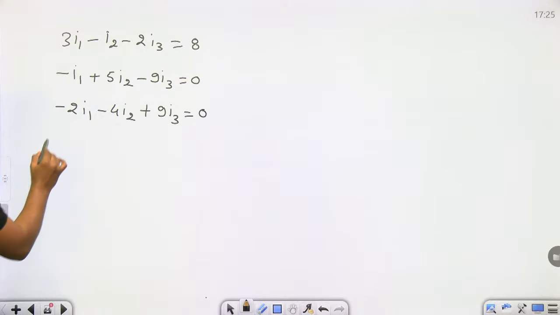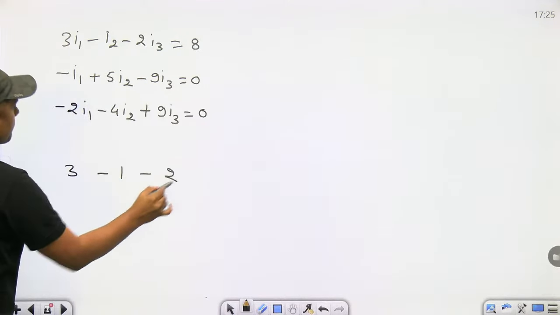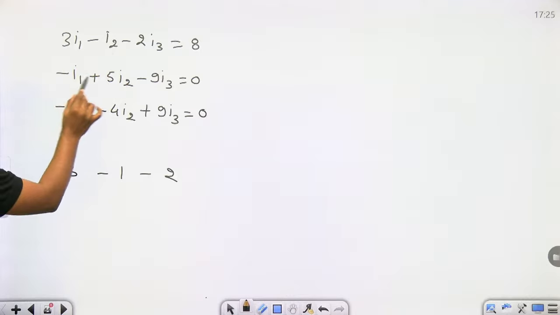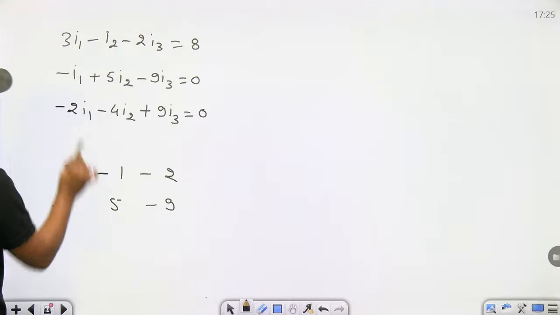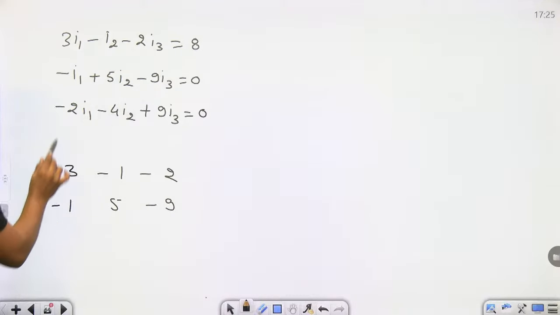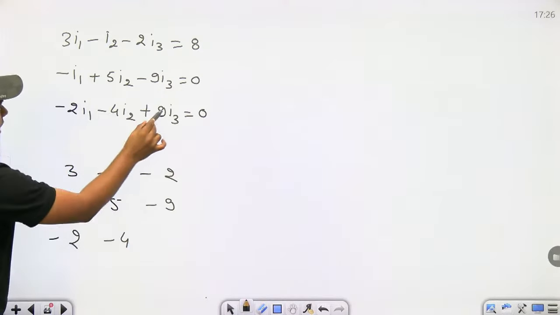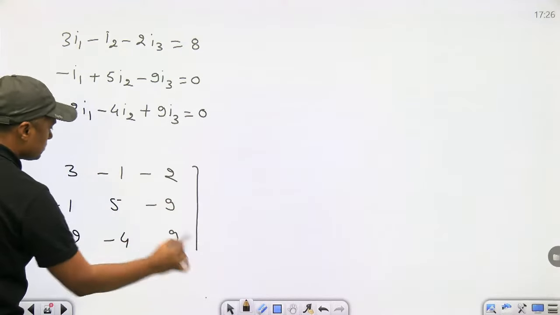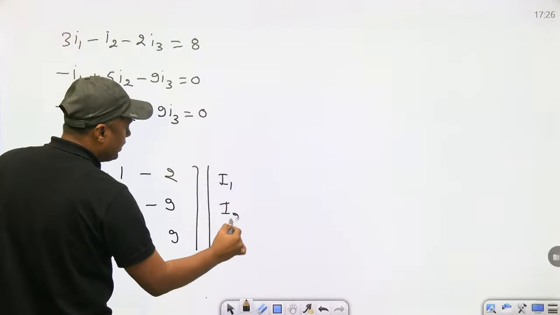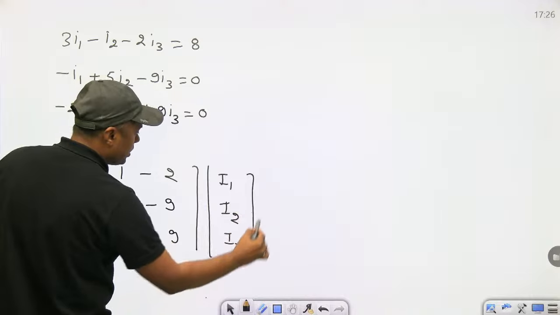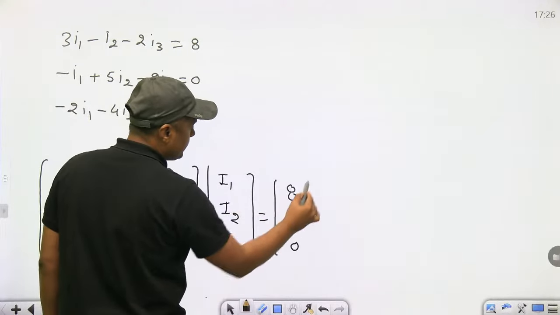Now you can arrange them as the matrix 3, minus 1, minus 2; minus 1, 5, minus 9; minus 2, minus 4, 9, times I1, I2, I3, is equal to 8, 0, 0.